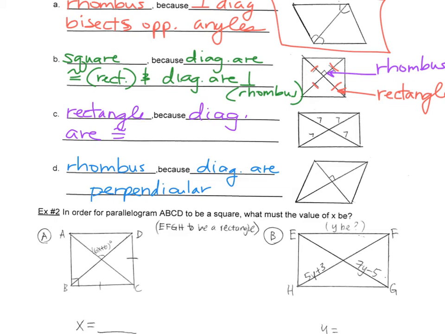Okay. And like I said, when all we're working with are rhombuses, rectangles, and squares, I feel like that information is fairly simple, right? You see perpendicular or bisected angles, you think rhombus. You see congruent diagonals, you think rectangle. On the block, we're going to throw in new figures, and there's going to be new requirements for those figures.